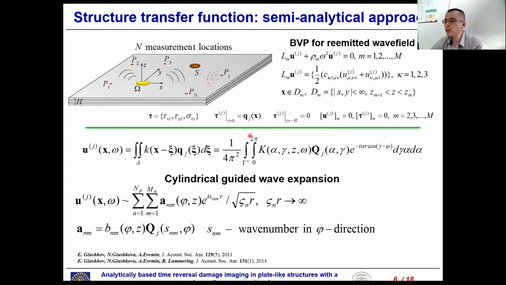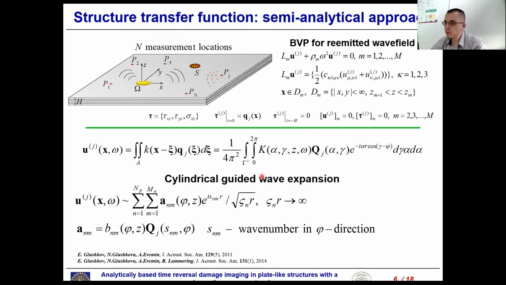This is provided by the vector function q. And within this analytical approach, displacements generated by such surface load are sought as a convolution of the Green's function of the structure with these unknown surface tractions. And due to the infinite elongation of the plate along horizontal coordinates, we can employ Fourier transform technique and obtain at first such a twofold integral.